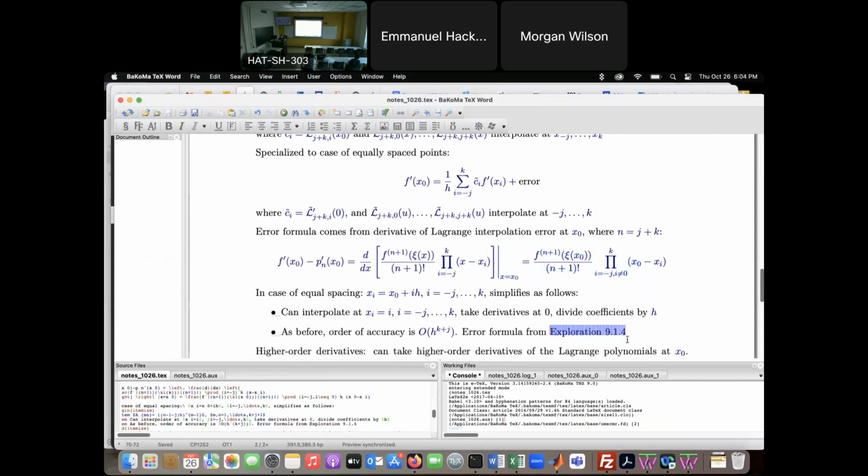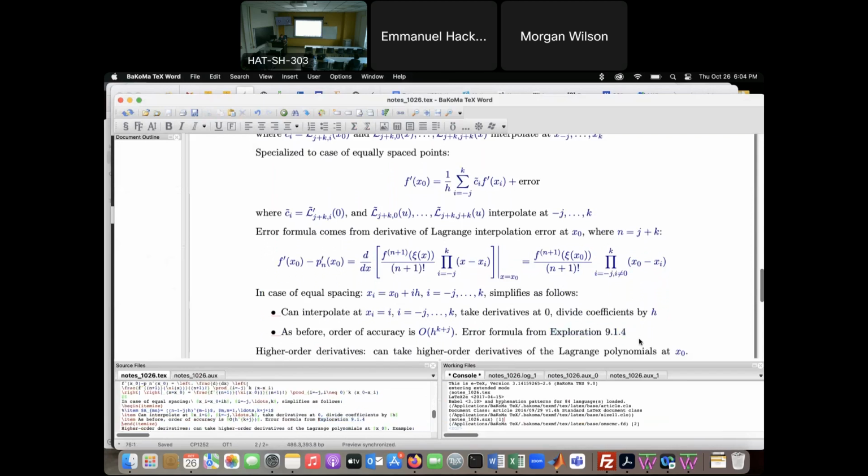I've made that the subject of a homework problem. Hashtag sorry, not sorry. Generally speaking, the order of accuracy is h to the k plus j. But as I mentioned, sometimes it could be higher order accurate in cases of symmetry.